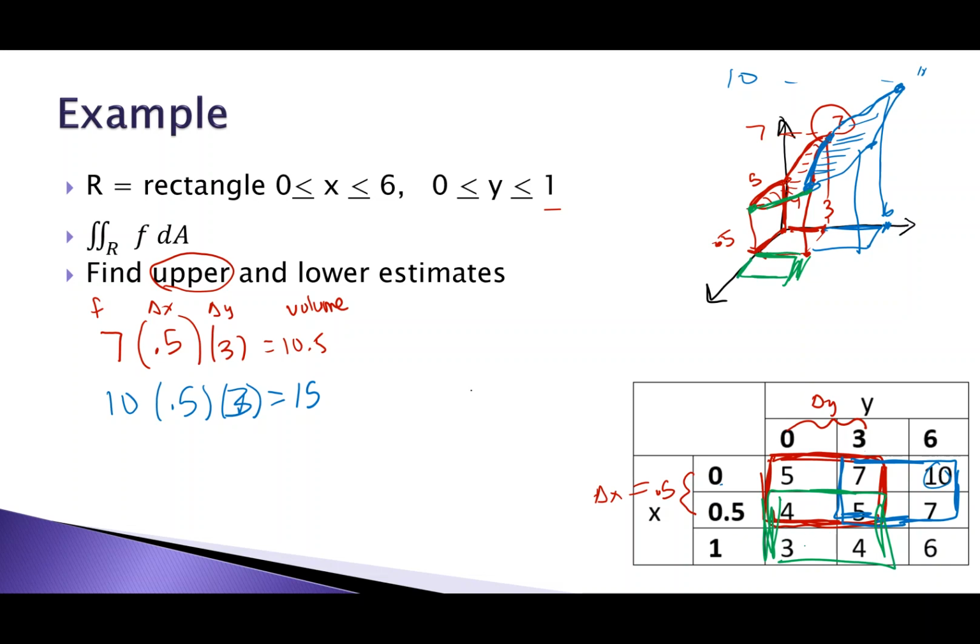At 1, 0, my height is a 3, so it's shorter, and then a little taller. So that rectangle looks like that, and there's the top there. And again, I want the tallest number, so I'll take a 5 times 0.5 times 3, which is 7.5, and I'll do my last one.